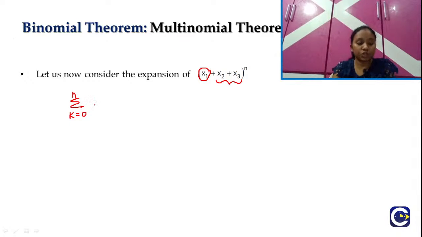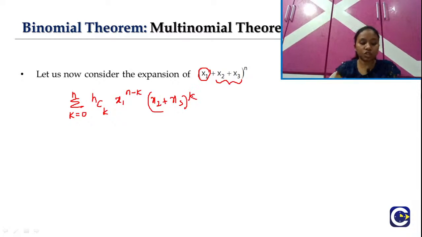So it will be sigma k equal to 0 to n, nCk x1^(n-k) and then (x2 + x3)^k. Yes or no?